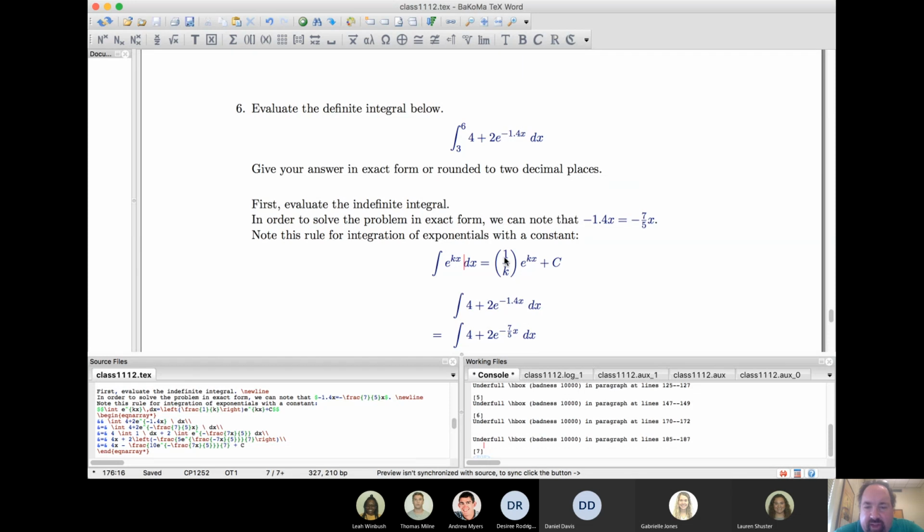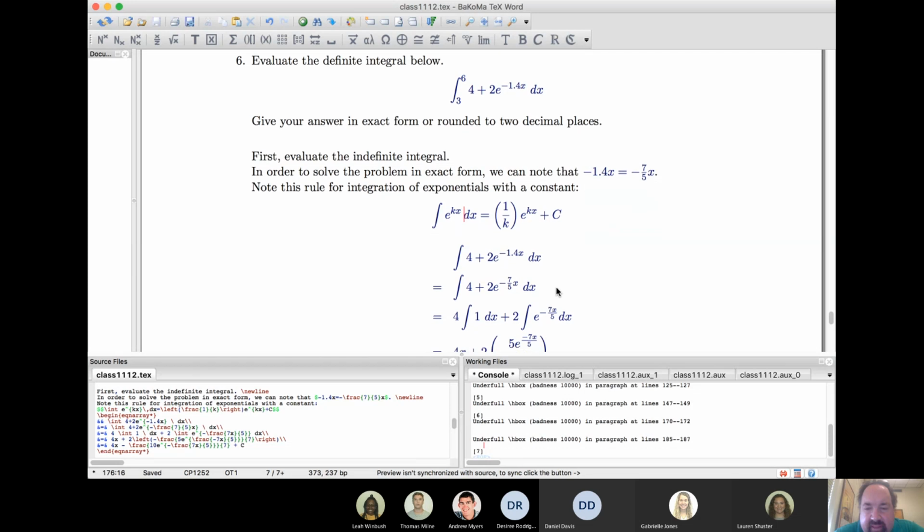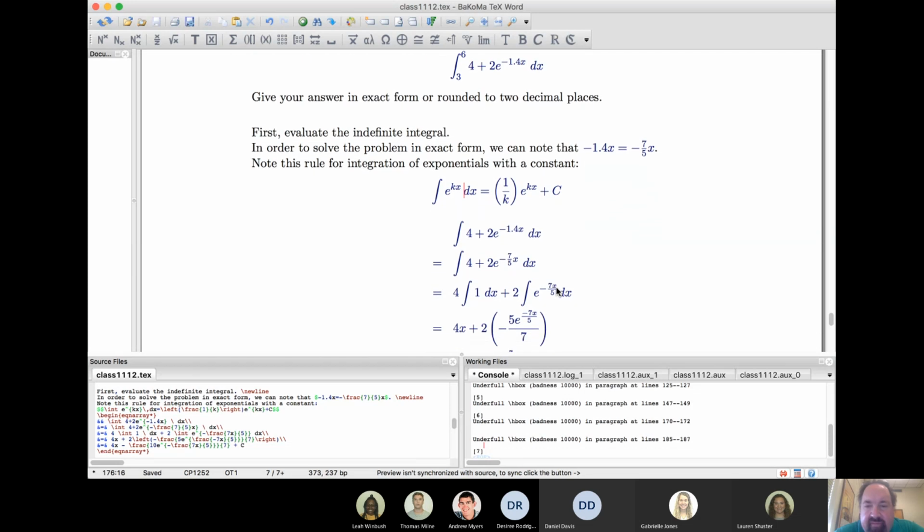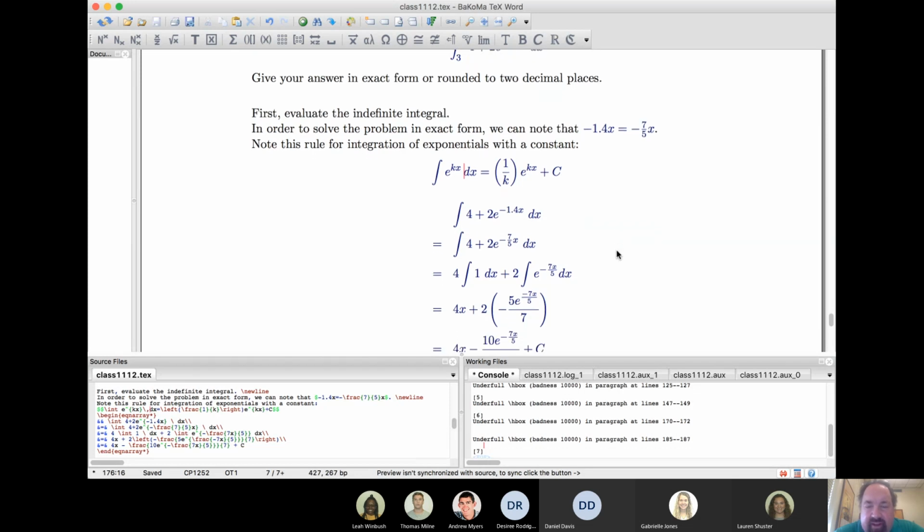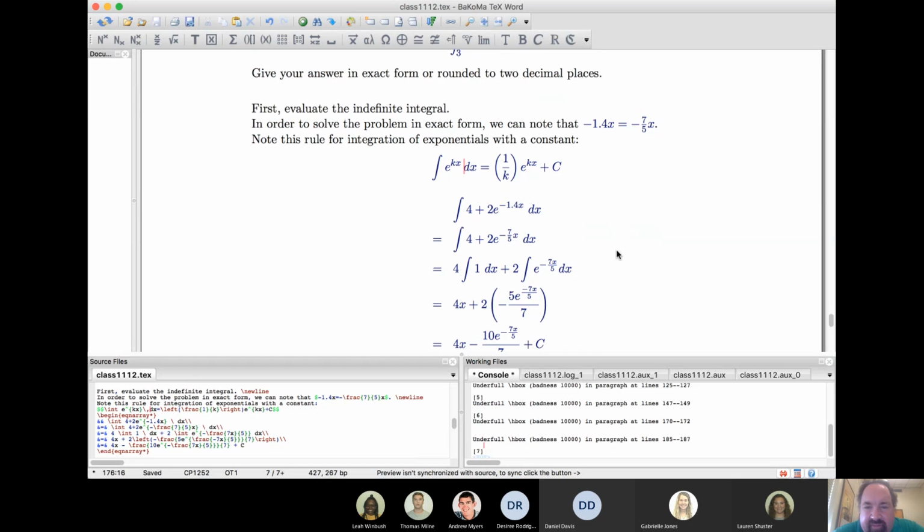So we need this 1 over k factor here. Now, 1.4 is the same as 7/5, although you can leave it as a decimal if you like. Again, that's just a personal preference thing.